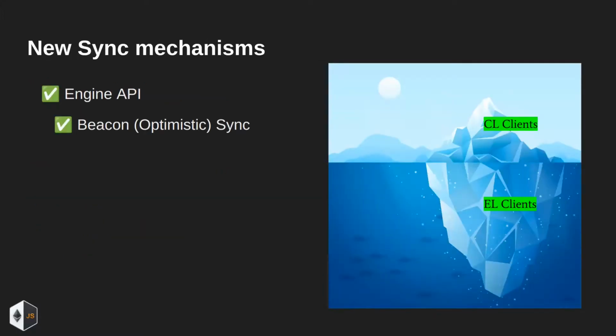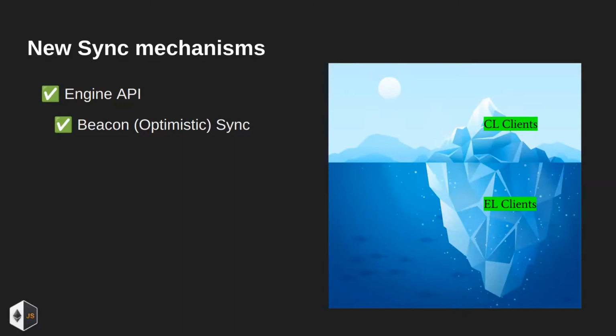And for us to become merge capable, we had to introduce new sync mechanisms, as with everybody else. Once we are off proof of work, the only way an execution client can get new data is through the engine API. So the CL clients will create or source the blocks, and then those blocks are provided to Ethereum JS using the engine API.